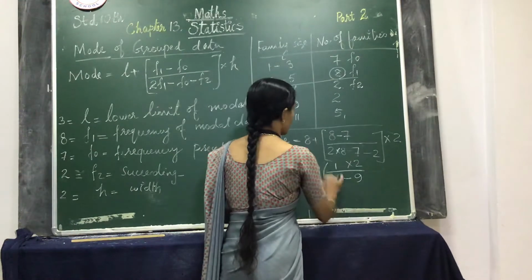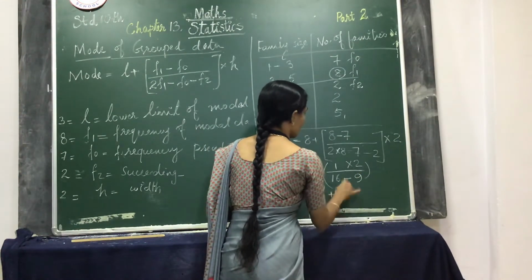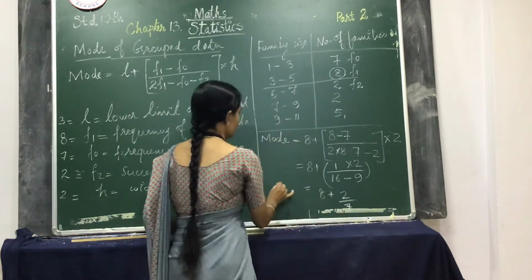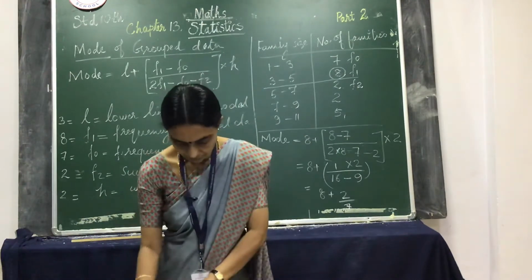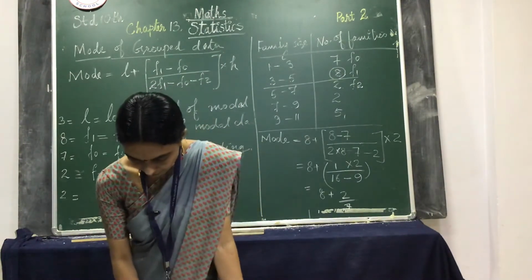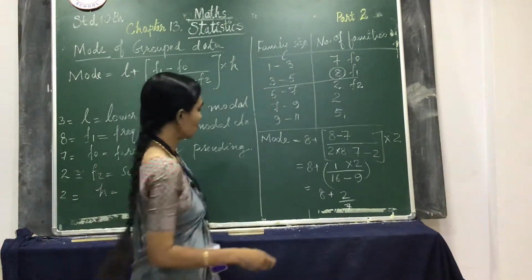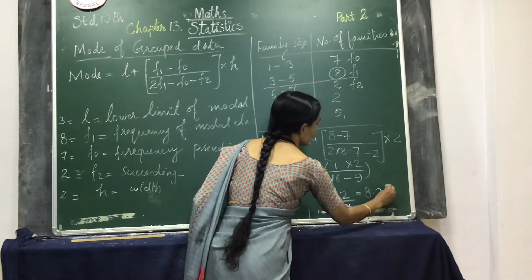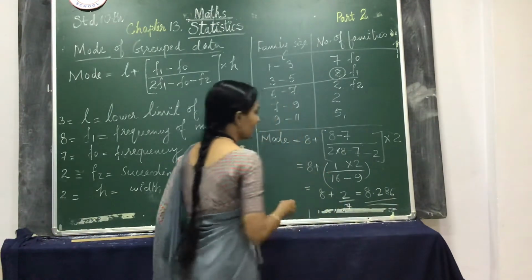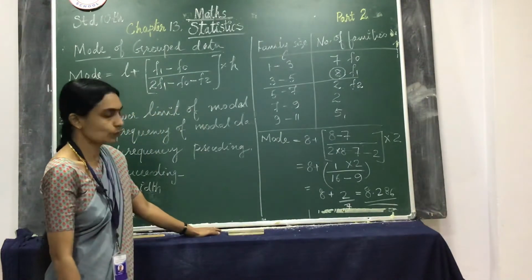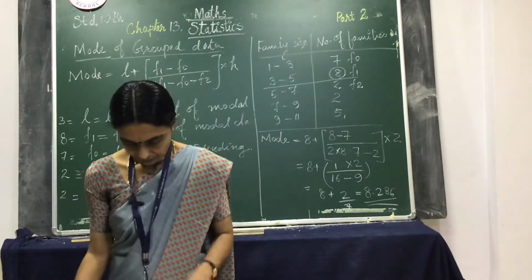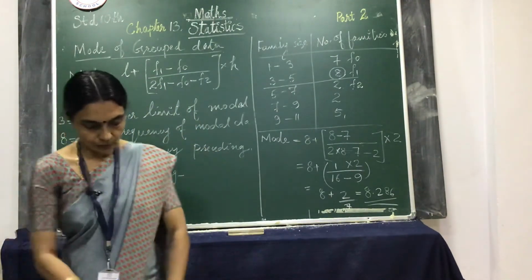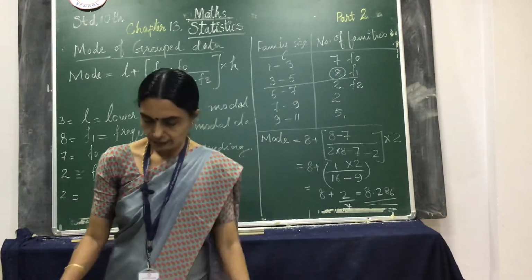So here 8 plus 2 by (16 minus 9 is 7). 2 by 7 is 0.286. 8.286. The answer is 8.286. So the mode of the above data is 8.286. Now let us move on to the exercise, the second one.